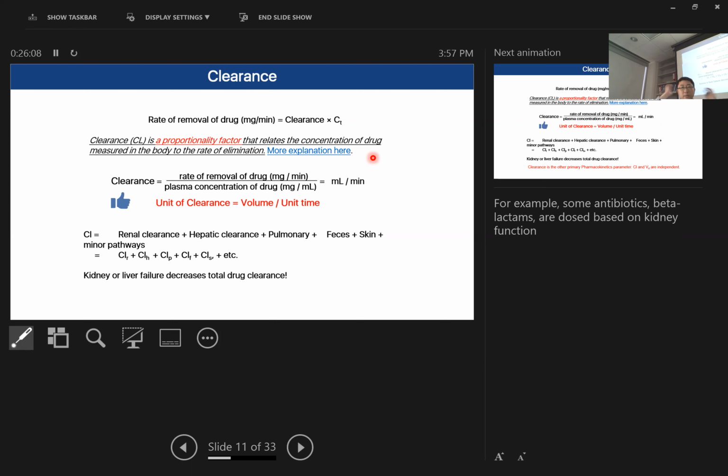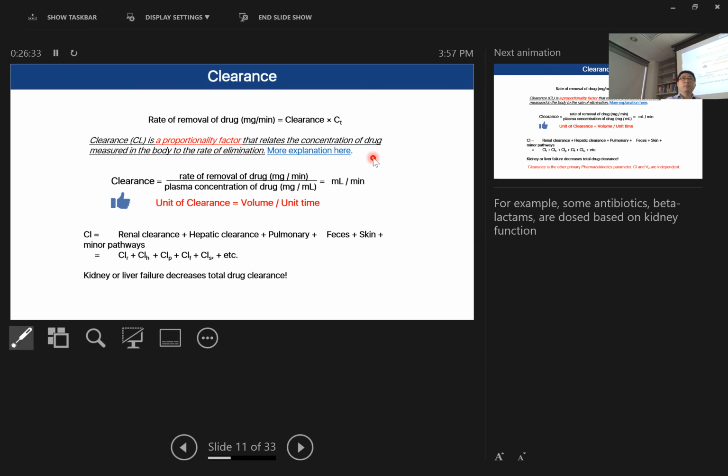I think I have an answer for you, because when we go through the calculation, you will find that for the volume of distribution, they don't use the dose divided by the Cmax. They actually use the so-called AUC and AUMC.